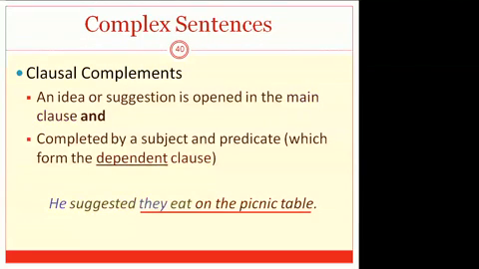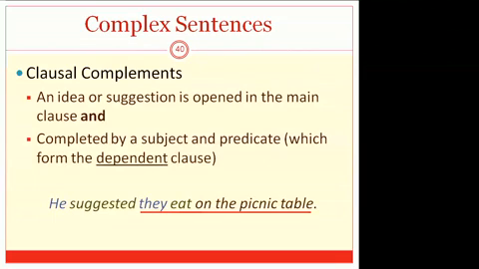Both the main clause and the dependent clause, which remains underlined here in your example, have a subject and a predicate. In this instance, I've noted the subject with the blue forms. So he is the subject of the main clause.